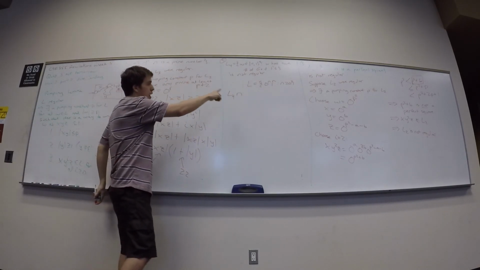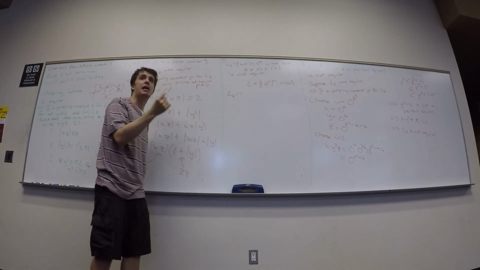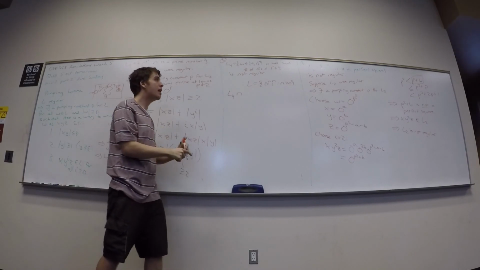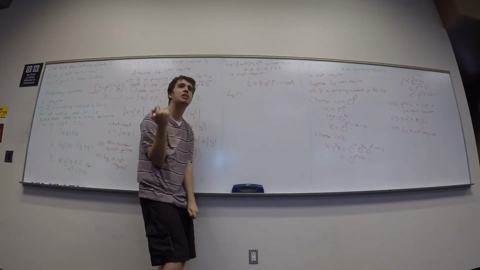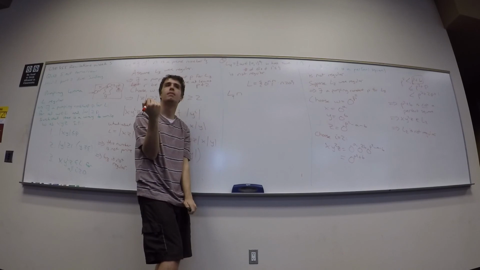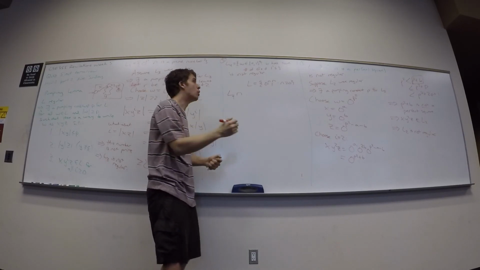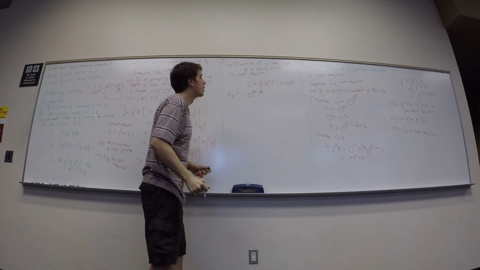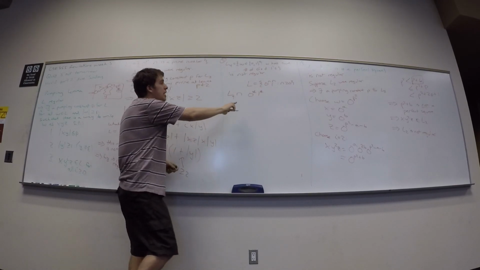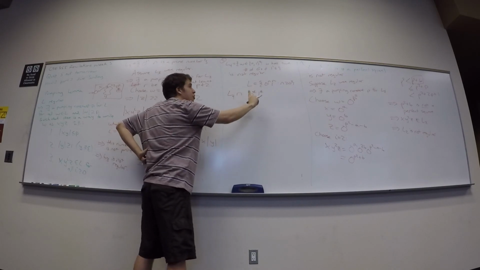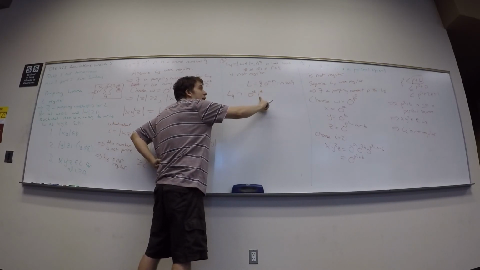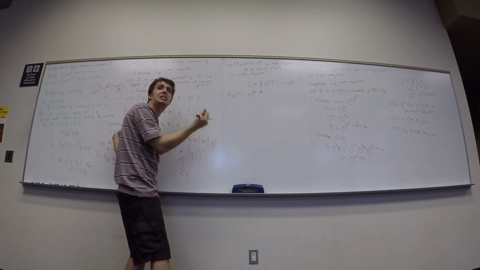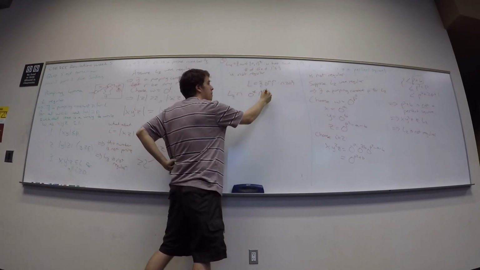L4 says that it's going to have the same number of ones and zeros. How do I get it so that the zeros must come first? 0 star, 1 star, right? This enforces the ordering. If you're going to be in this intersection, you better start with zeros, then have ones come after it, and have the same number of each, because it's intersection here. But this result is just L.